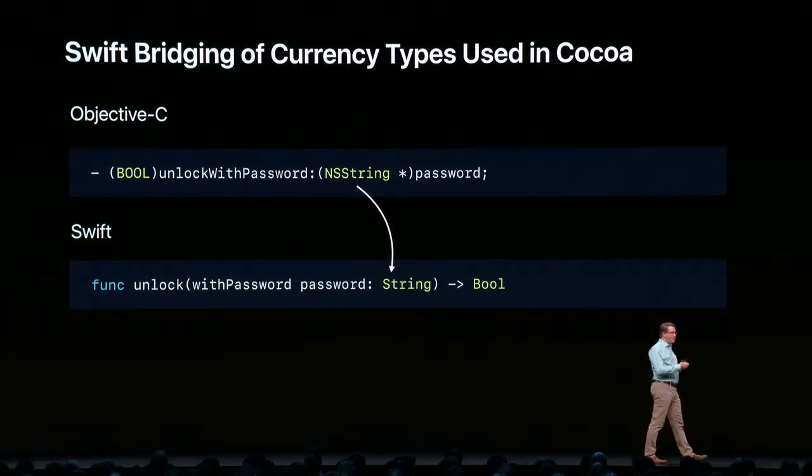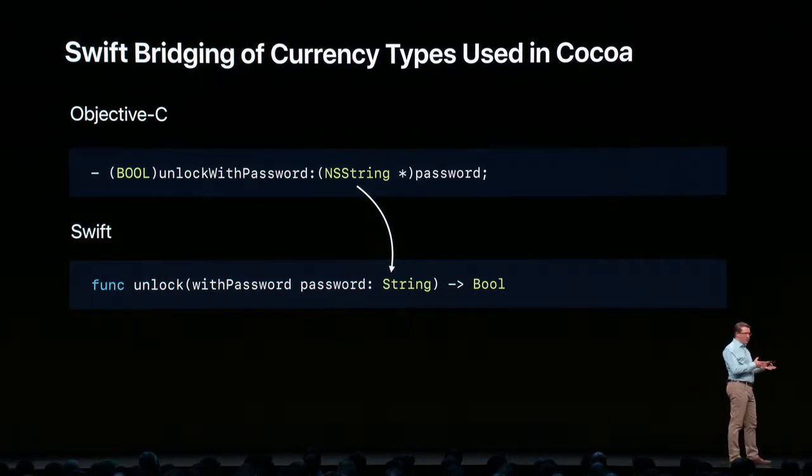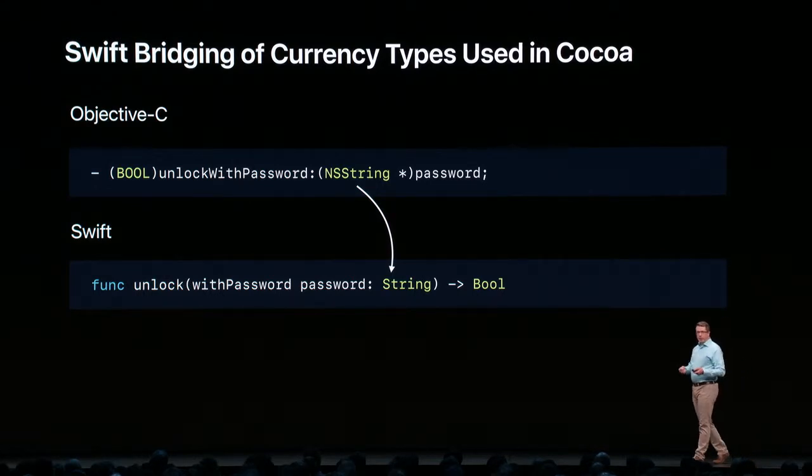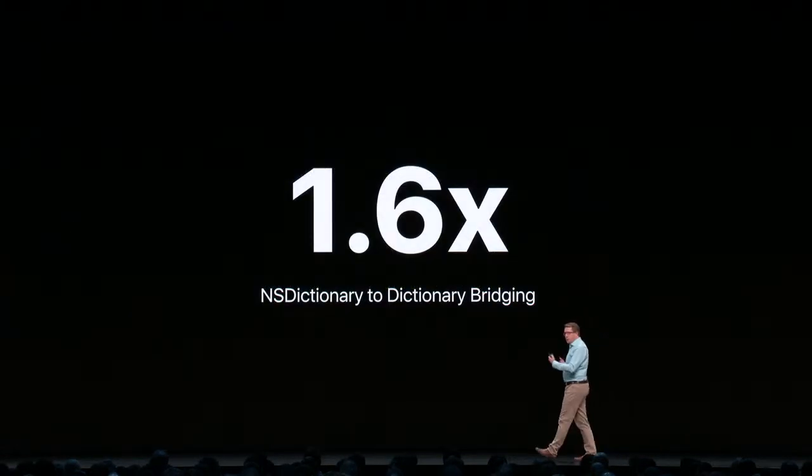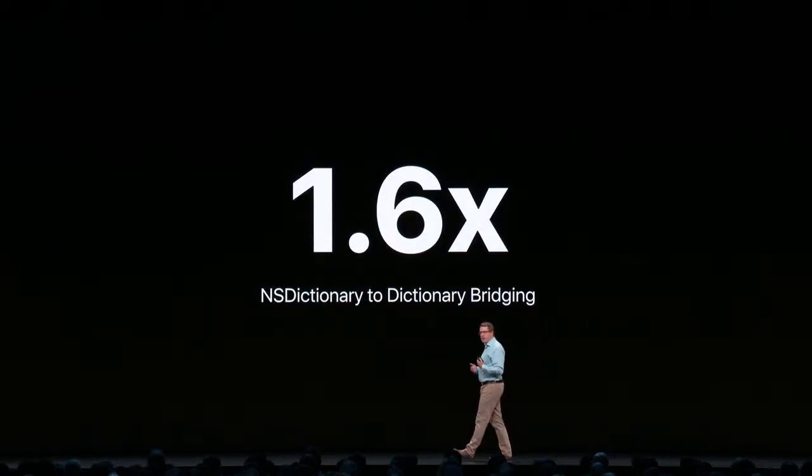Now, this is a combination of compiler work, but also there's a runtime aspect when you pass a value of one type off for another across these API boundaries. This is the part that we have further tuned as part of Swift being now part of the operating system. For example, bridging between NSDictionary and Dictionary is now 1.6 times faster.